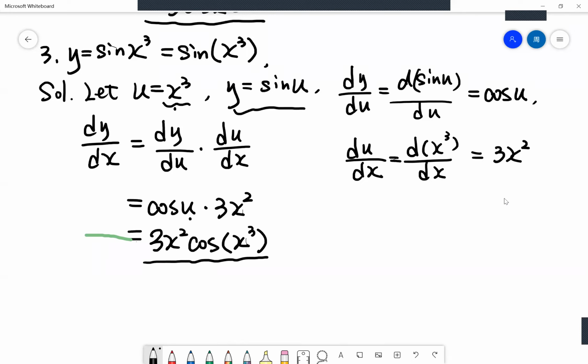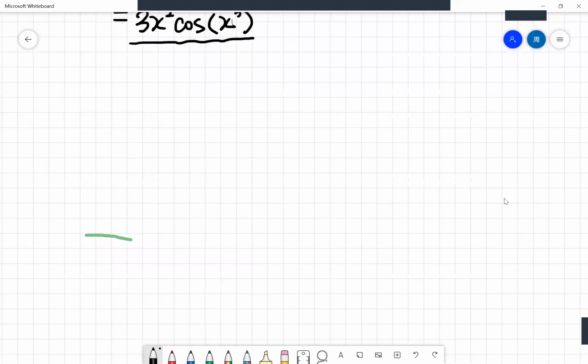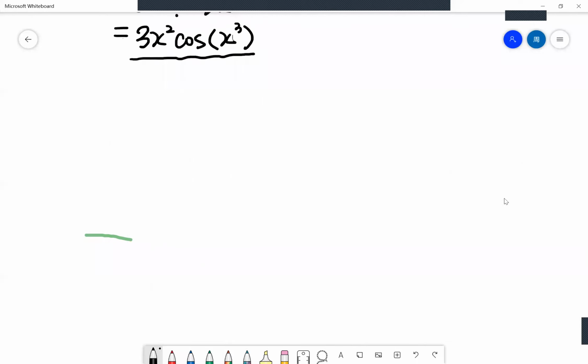Okay. So I think now you can understand a little bit about the chain rule, right? From the outside to inside. So next, I will give you more exercises. So exercise 4, that is y equals (x by 5 plus 1 by 5x) to the power 5.